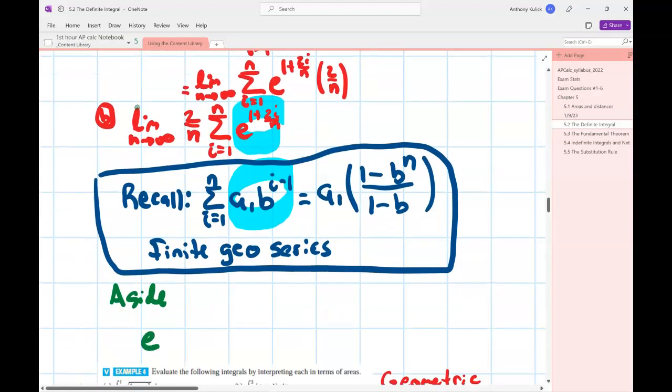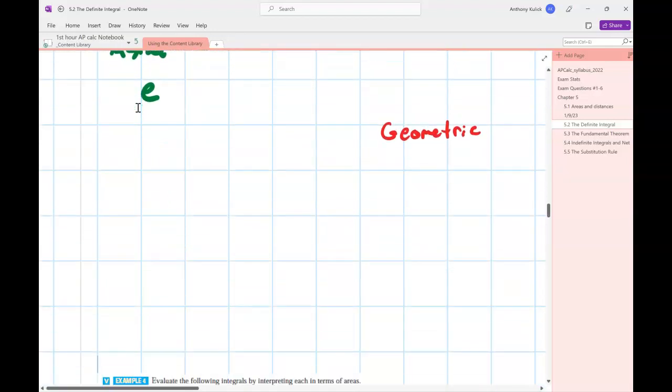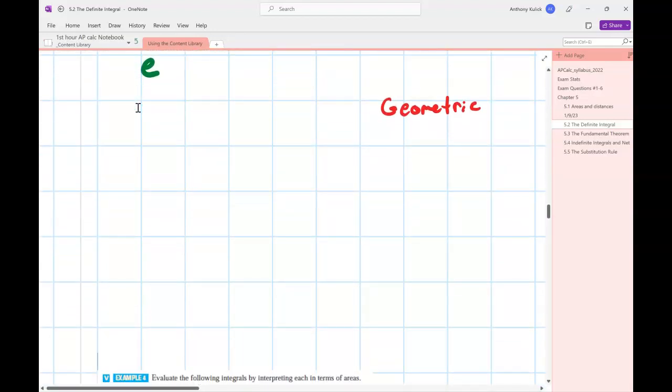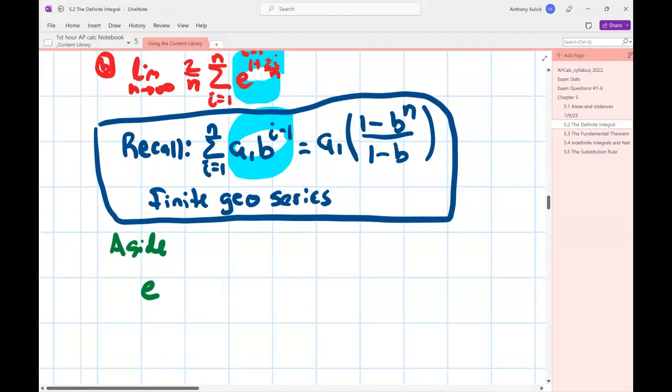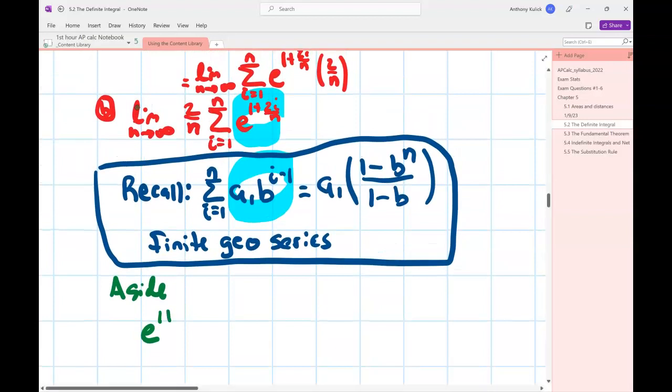I'm going to take that expression, and I'm going to try to rewrite it so that it's in that form, a times b to the i minus 1.